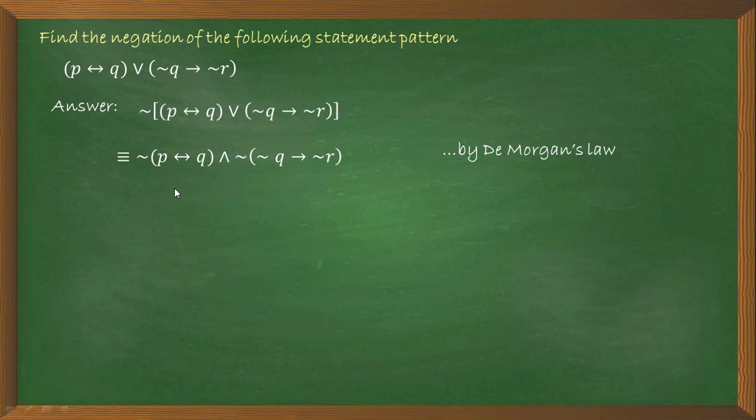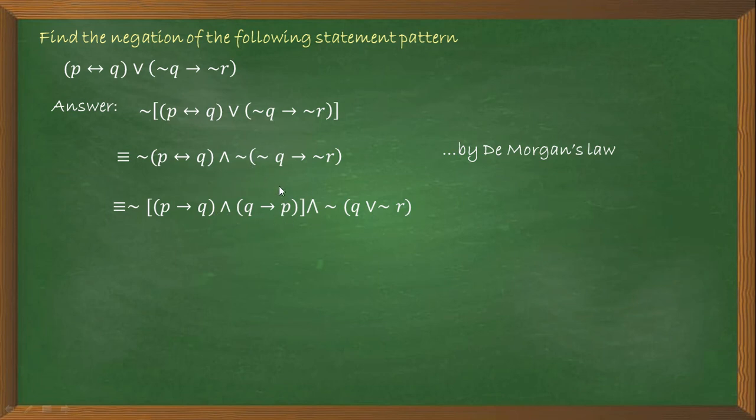The meaning of P double implies Q is P implies Q and Q implies P. See here, negation keep as it is, and in place of P double implies Q, you have to write P implies Q and Q implies P.